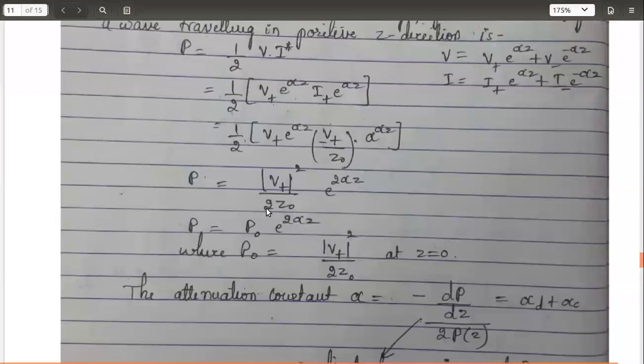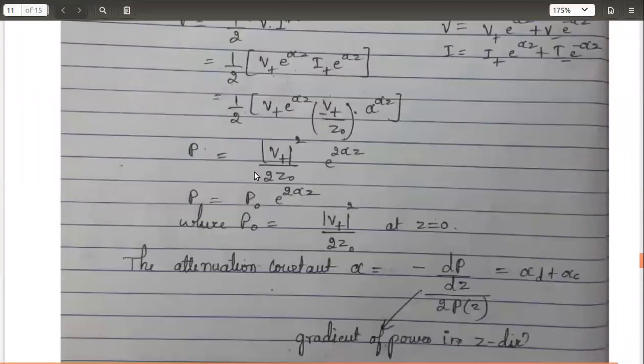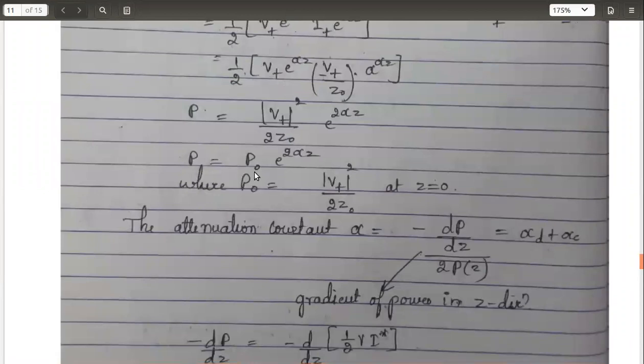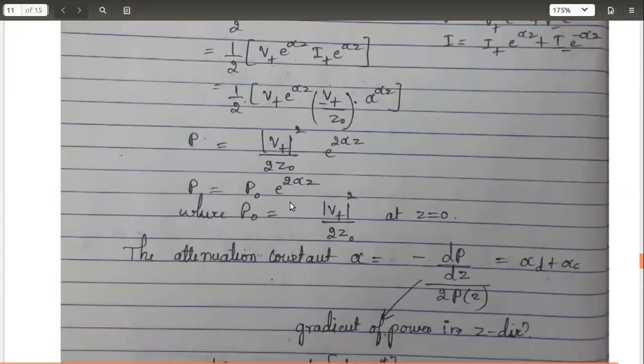So how you can, and now let me tell you what you mean by an attenuation constant alpha. We have studied in electromagnetics the meaning of gradient, right? Gradient is, we go for the differentiation. Try to recall potential gradient we had seen.